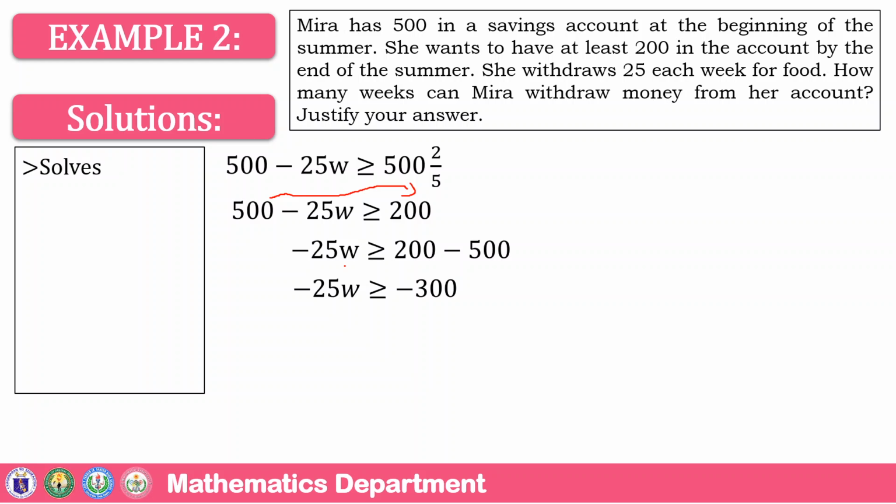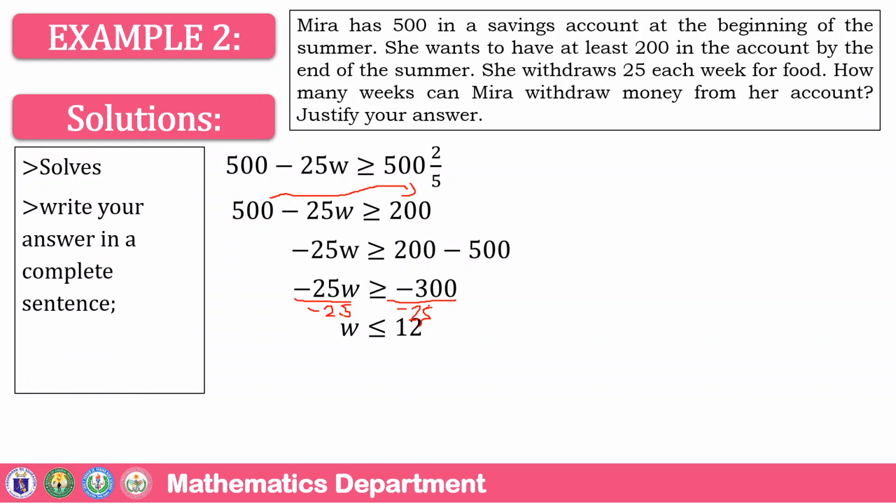So, we have negative 25 times W, that is greater than or equal to negative 300. So, para makuha natin yung value ni W, so, divide natin sila both side by negative 25. Ayan. So, makukuha natin dyan is W is equals to 12.